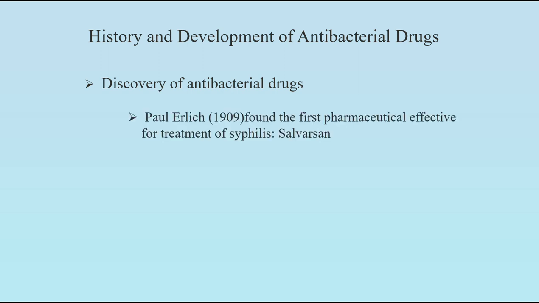So, about the history and development of antibacterial drugs. The discovery of antibacterial drugs starts from 1909 when Paul Ehrlich found the first pharmaceutically effective ingredient or substance or drug for the treatment of syphilis.